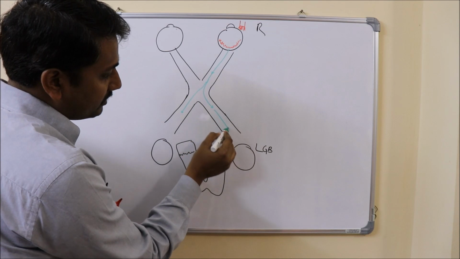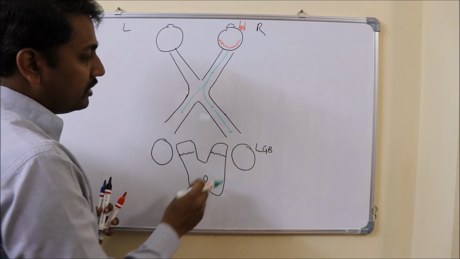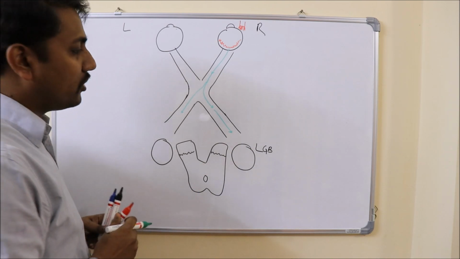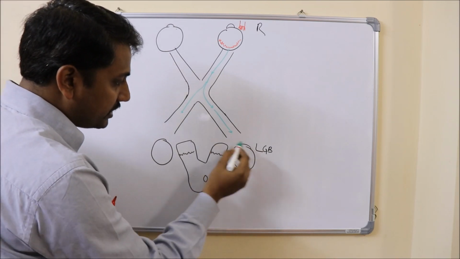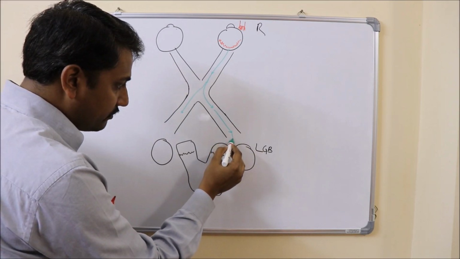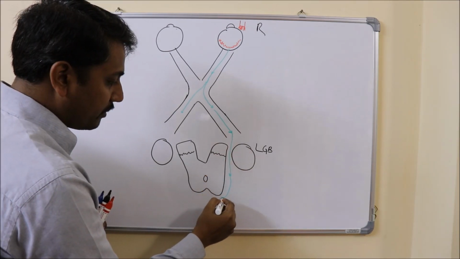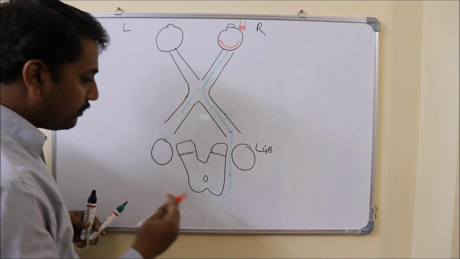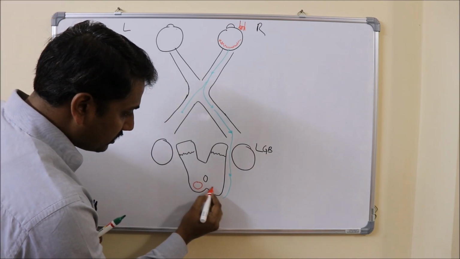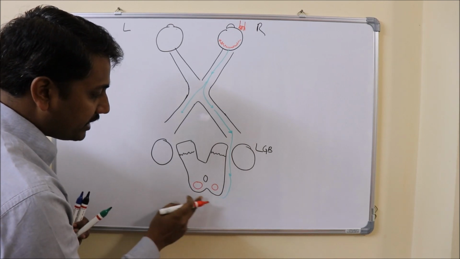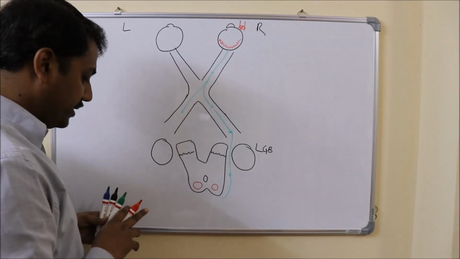From the optic tract, the fibers, instead of relaying into the lateral geniculate body, will bypass this lateral geniculate body and will relay into a nucleus in the midbrain known as the pretectal nucleus, lying in front of the superior colliculus or in the tectal area of the midbrain.